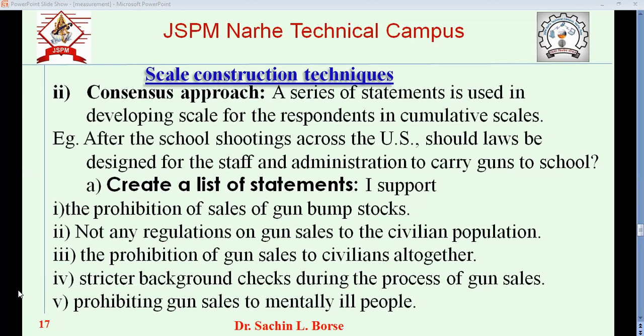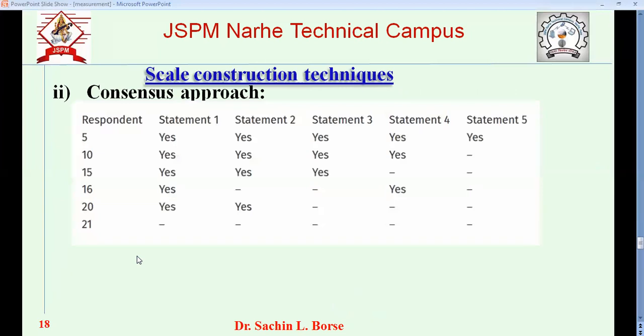Like for this questionnaire, they got the following answers. Respondent 5 said yes to all the statements. What is the meaning of this?